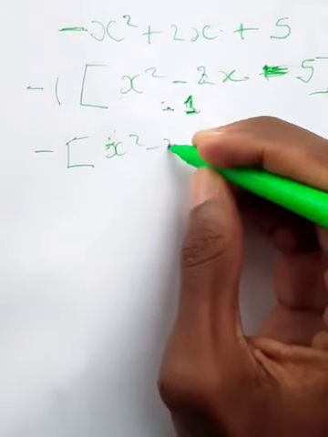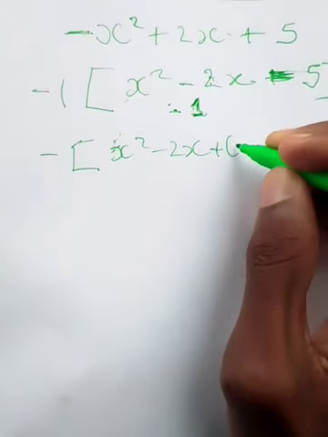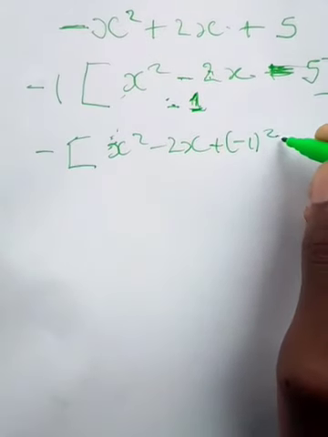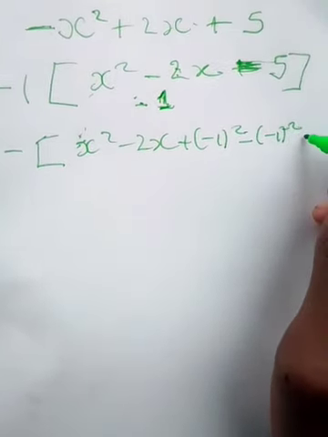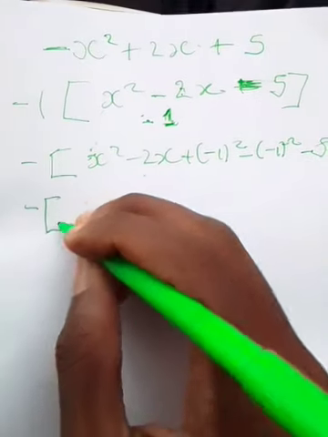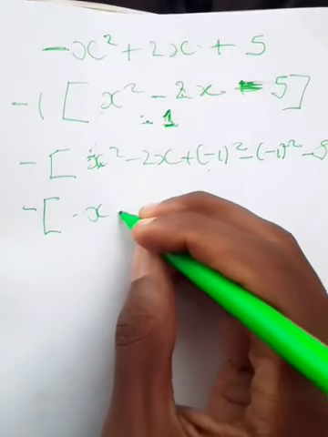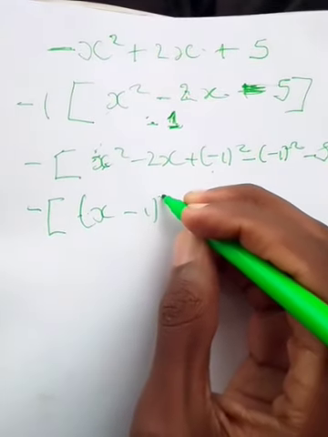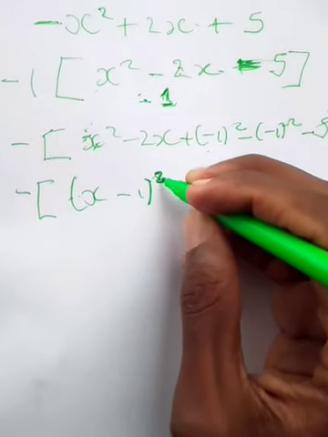So let me write -2x, and I'm going to say plus (-1) squared minus (-1) squared again, and then minus 5 there. Okay, and then I'm just going to take the x and the -1. Then I'll put them both in brackets, squared, power 2.